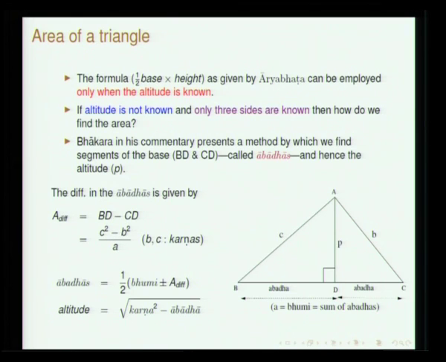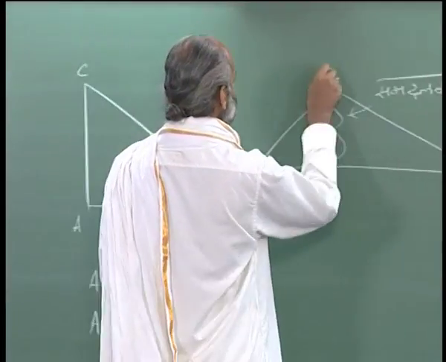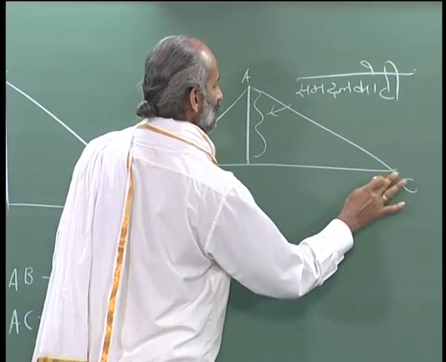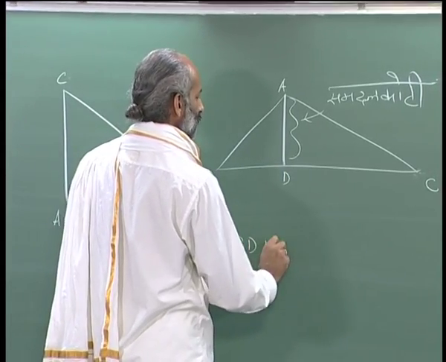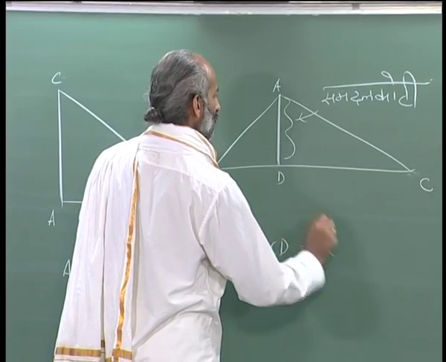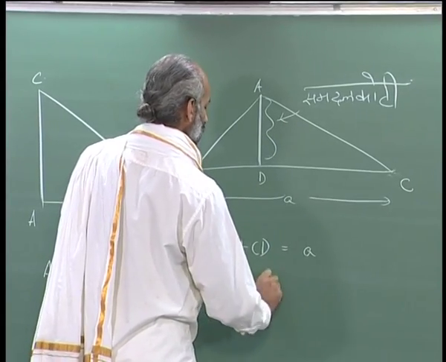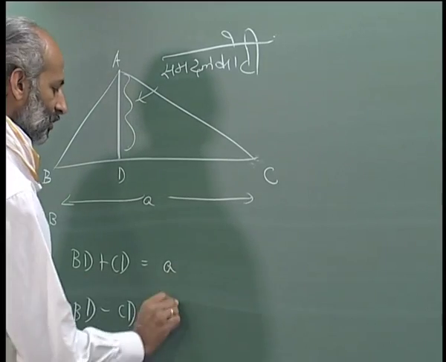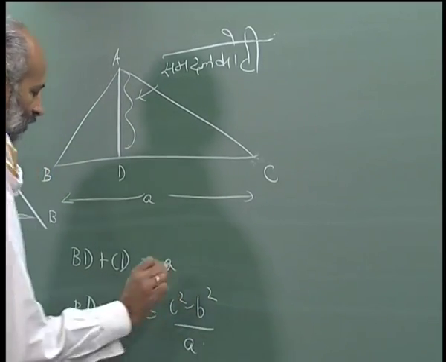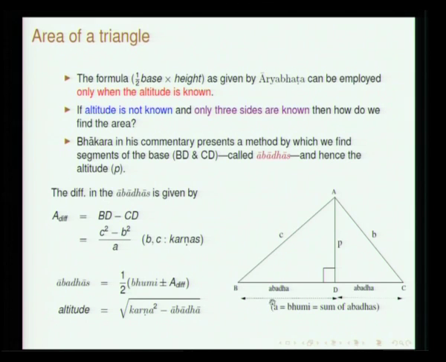So, for triangle ABC, with this being D, BD plus CD is equal to A, which is known, and BD minus CD is given to be C square minus B square by A. Once we have these two, we just add and subtract, and you have the expression for the two abadhas.